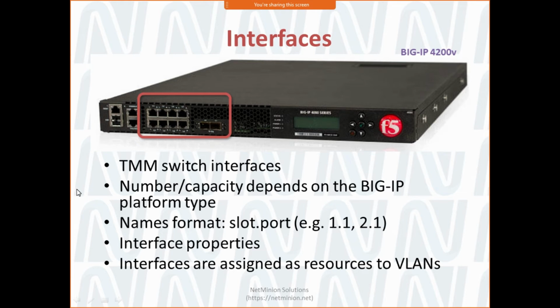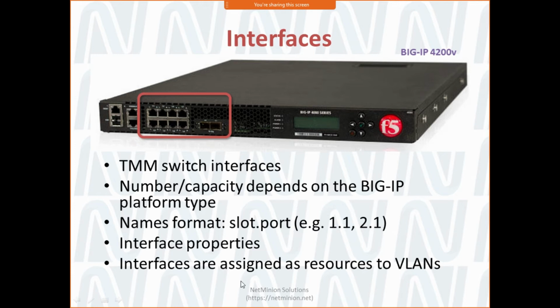So when we were talking about the TMM, the Traffic Management Microkernel interface, these switch interfaces are shown with a naming convention of slot and port. If you have one module, it will show the slot and port.